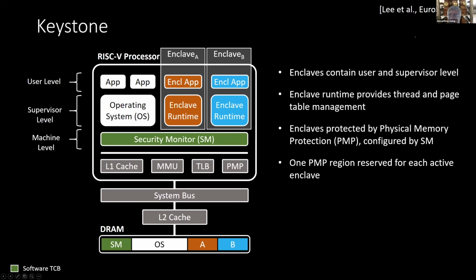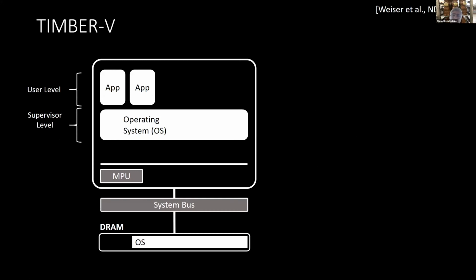If you look at, for example, one PMP region is reserved for each active enclave, and then the cache ways, as they call it, are assigned to processor cores. Another architecture that I would like to show you very shortly is Timber-V, which is designed for embedded systems.